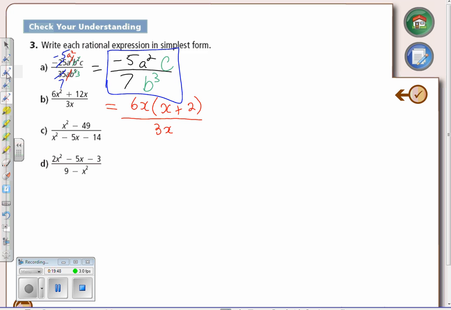And now I can start dealing with those two together, the 6x and the 3x. 6x divided by 3x gives me 2. 3x divided by 3x will give me 1. So I'm going to get left with 2(x plus 2).